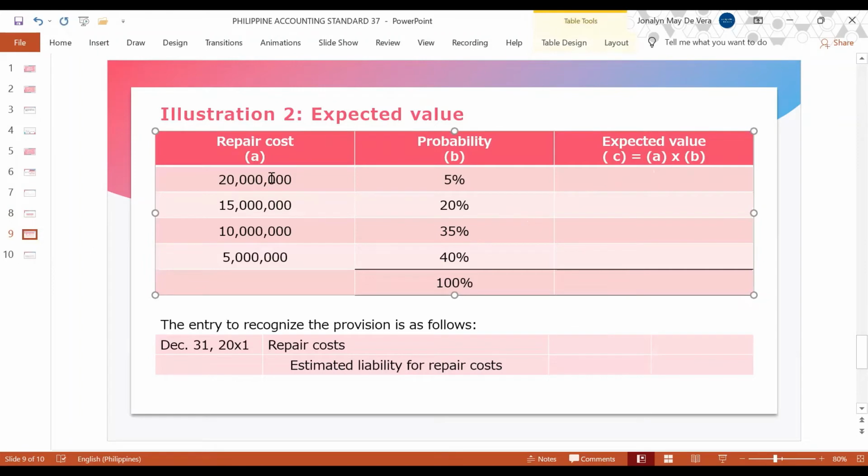I-multiply po natin yung repair cost sa probability to get the expected value, and then we're going to total it to get the total value of the provision. Okay, so 20 million multiplied by 5%, that is 1 million. And 15 million multiplied by 20%, just going to get my calculator.